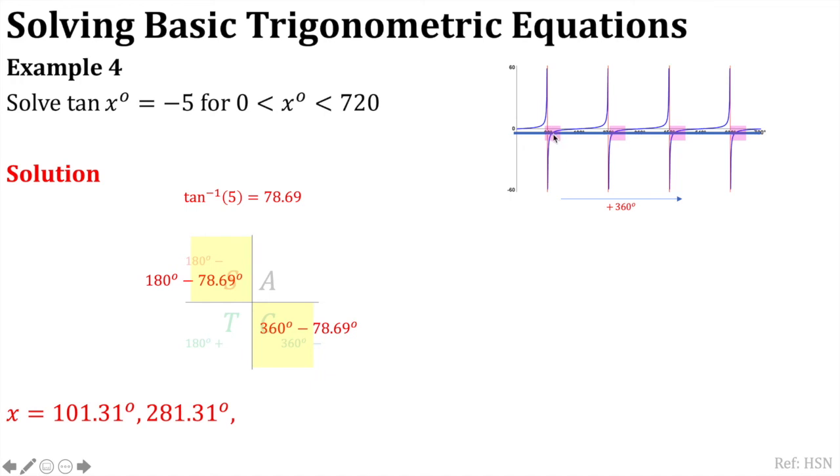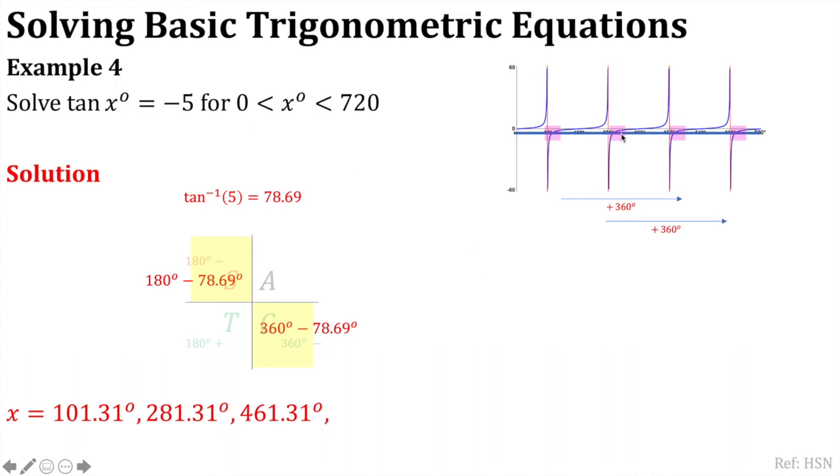101.31, if we add 360 onto that, that will get us this answer here. And that's 461.31, because remember the graph repeats itself. So all of the graphs of the trigonometric functions repeat themselves after 360 degrees if it's just a single angle here.